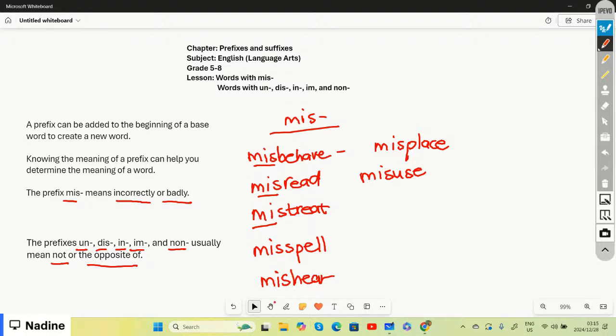Misplace, misuse, mislead, even misunderstand.